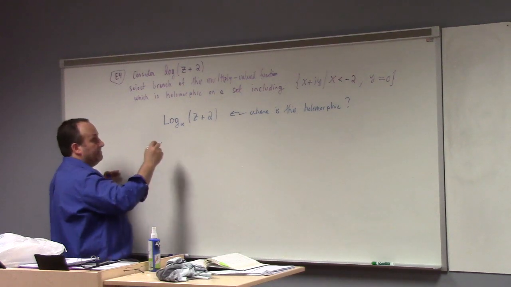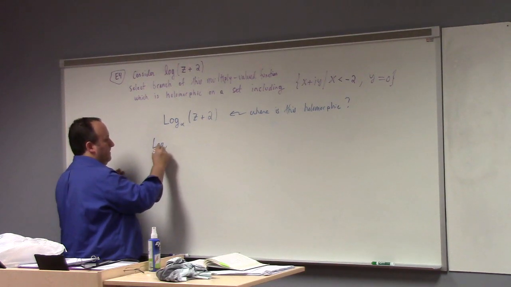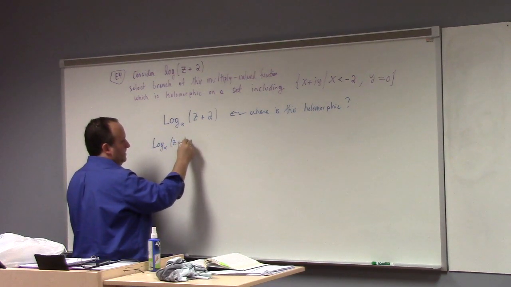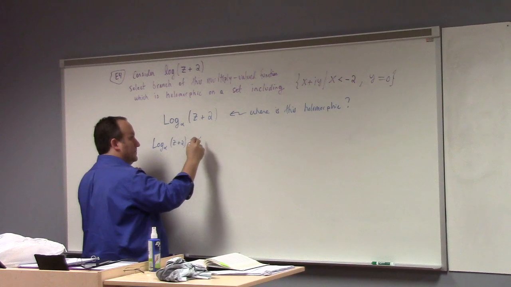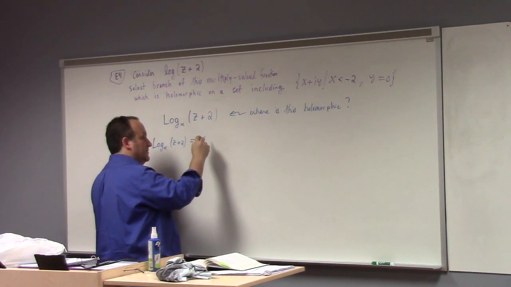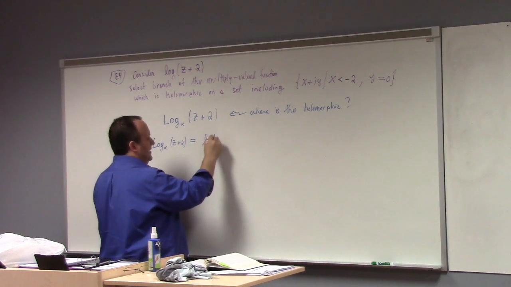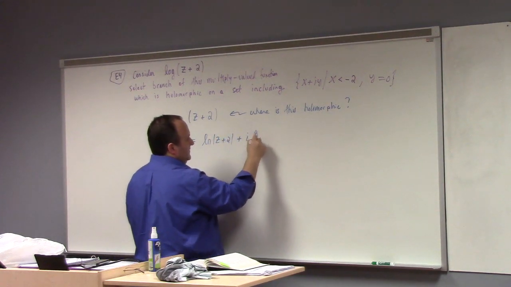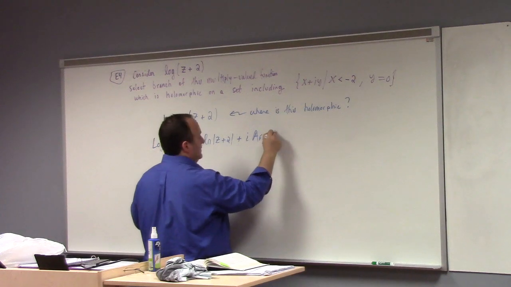Everywhere where z plus 2 is not equal to the modulus of z plus 2 times e to the i alpha. Maybe I have to try to unpack what you just said. So here's the formula, right?